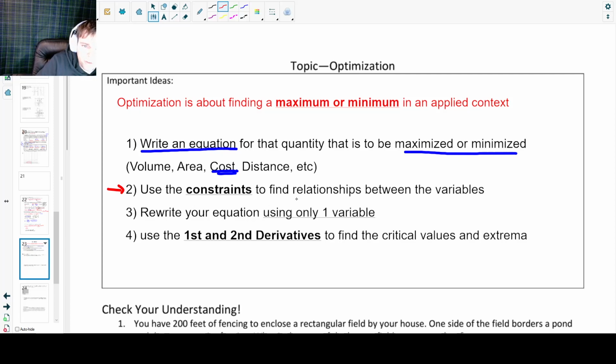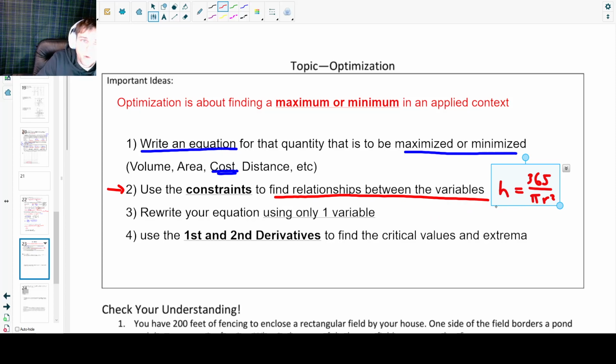By using that constraint, we were able to find a relationship between our variables, and come up with this equation for H. That allows us to rewrite the equation from step 1, but now with only one variable. We had a cost equation with height and radius in it, but because of this constraint, we could replace height with something involving radius.